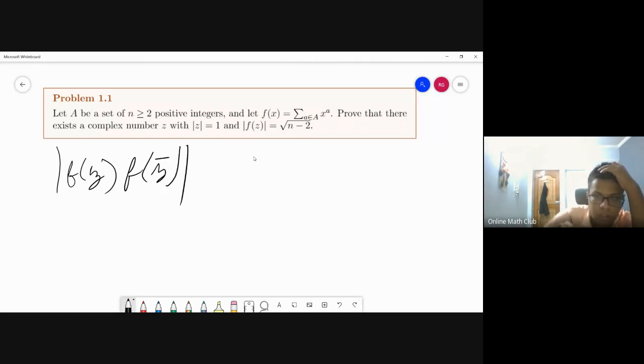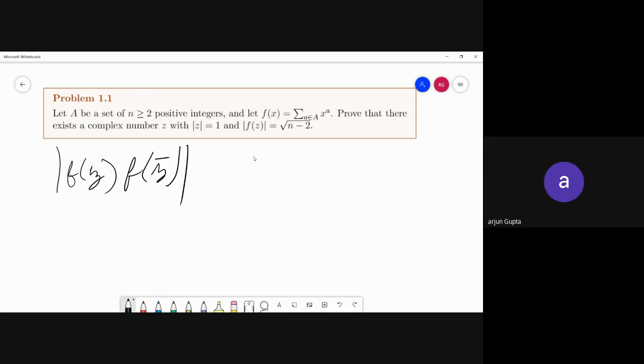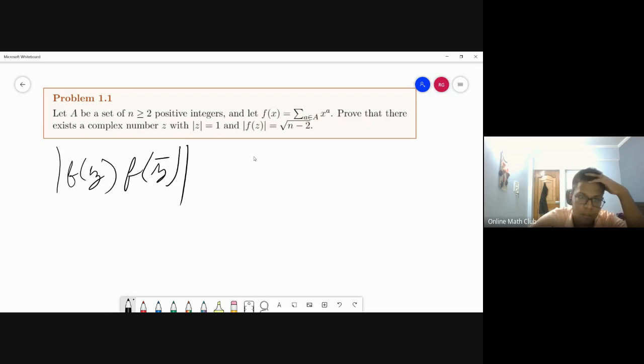That seems to be more interesting to me. Why are you doing this? Firstly, we have the root that goes away as soon as we do this. Secondly, because f of z and f of z prime should ideally have the same size. So as soon as I do this, f of z prime is a better condition to look at, since we want it now to be n minus 2.